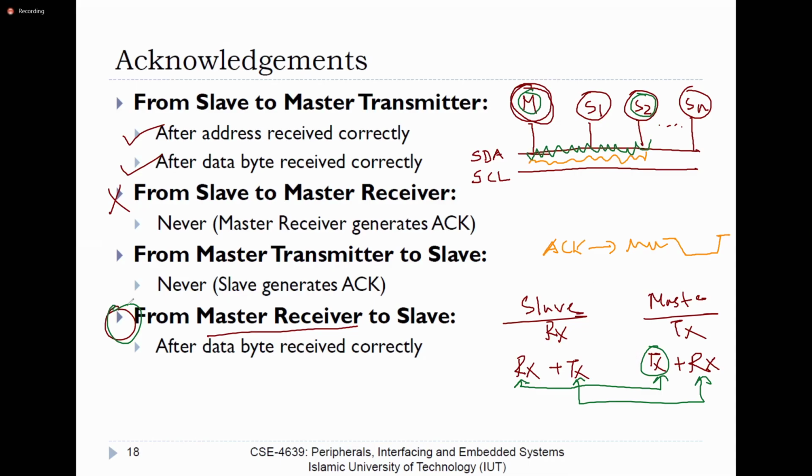So these two scenarios never happen for the acknowledgement purpose, because we don't have any slave to master receiver. No, this doesn't happen. And also the master transmitter to slave, this also never happens.